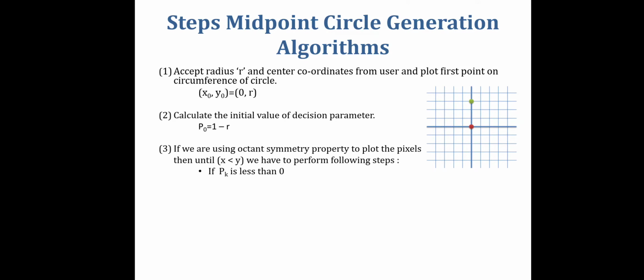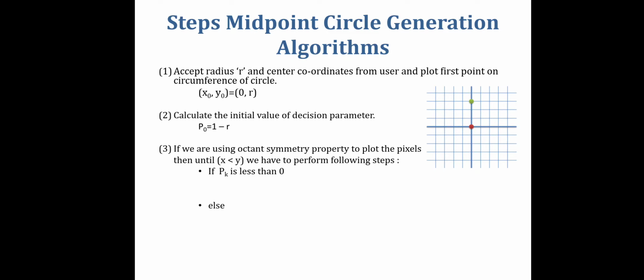Then you have to use the octant symmetry property, and you can plot the first pixel (0, r) and, by using the octant symmetry property, you can reflect that. After reflection you get the p0 value 1 - r. Then you have to find out whether p is less than 0 or greater than 0.